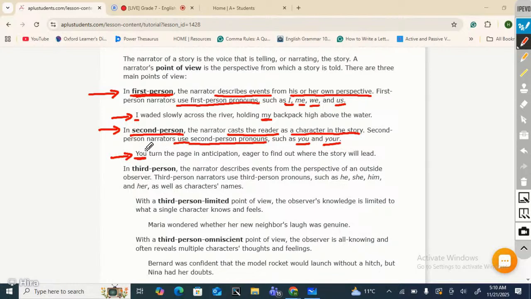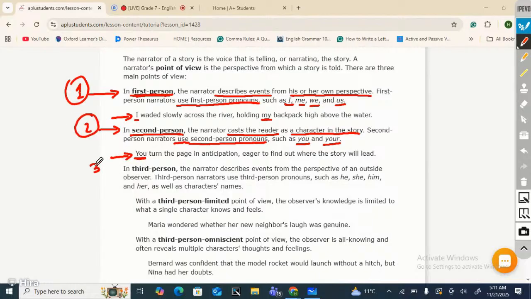It means the reader is cast as a character in the story. So these are the first two points of view of telling a story.